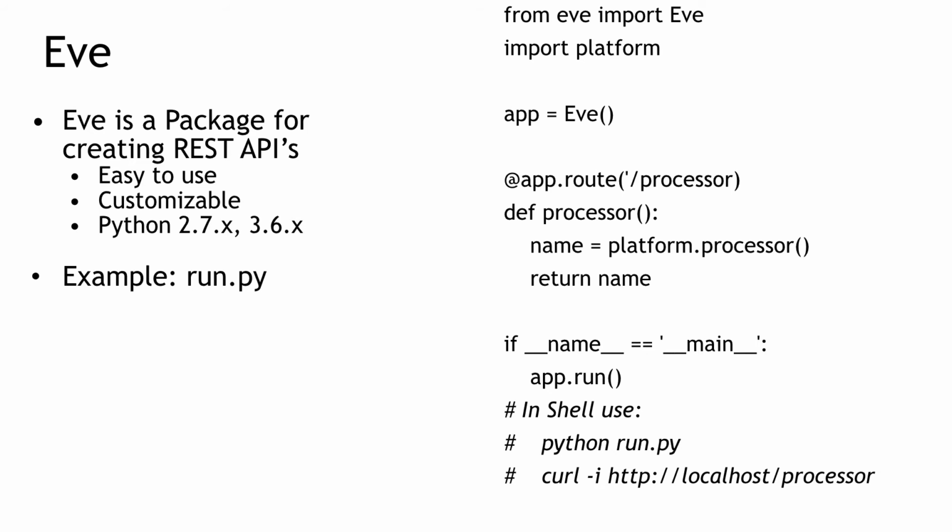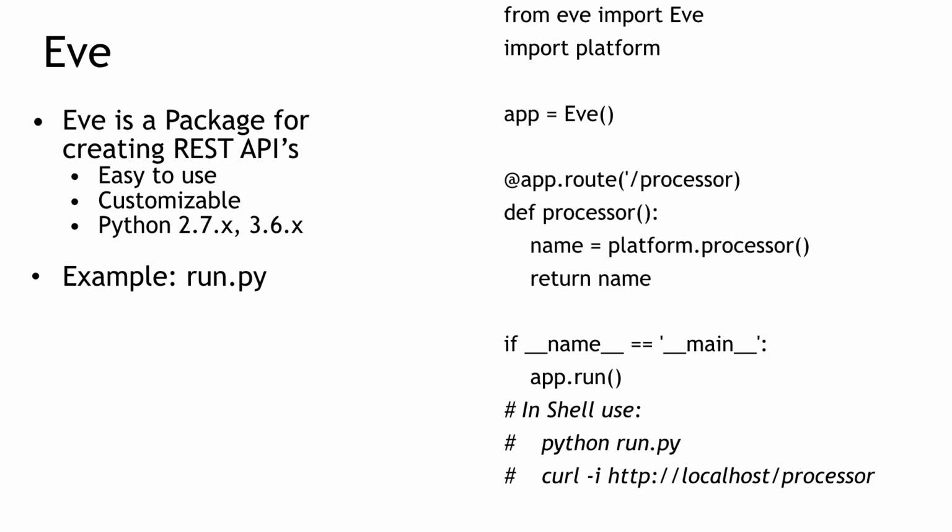Now, the only thing that we need to do in the main program of the Python program is to simply call the application and call the run method because it runs forever. And in order for us to start this, we just simply type in python run.py. And to obtain the result, we can just simply issue a curl call, because this is what we are doing with curl.